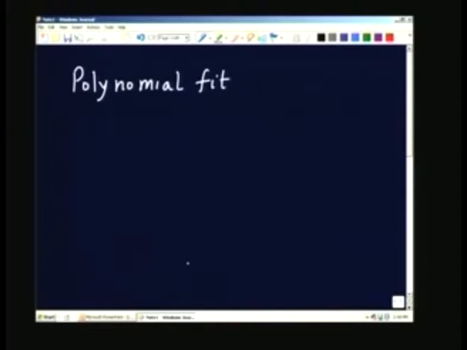I am just assuming one variable here for the sake of simplicity. So I am thinking in terms of y being given as a polynomial of x.